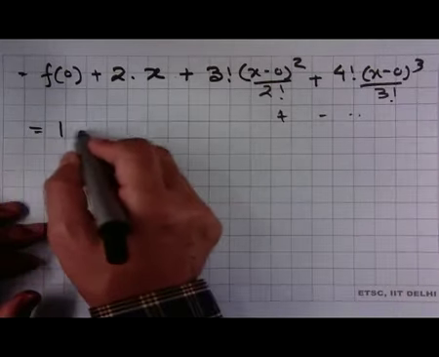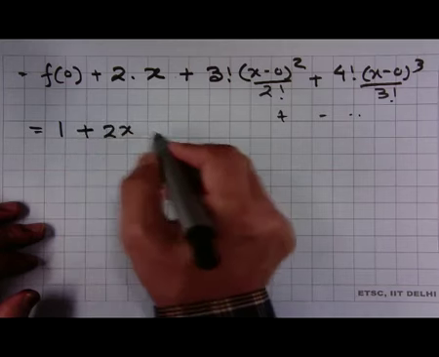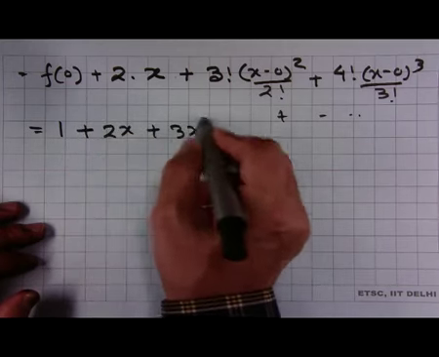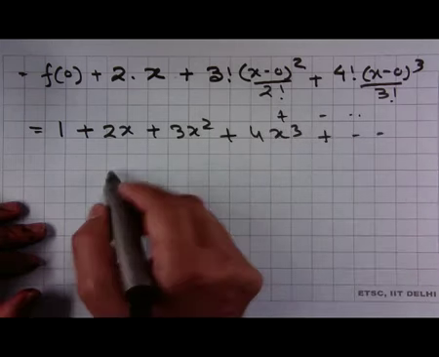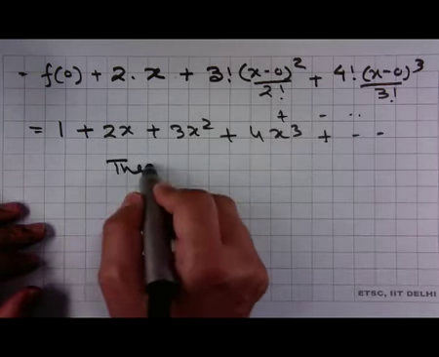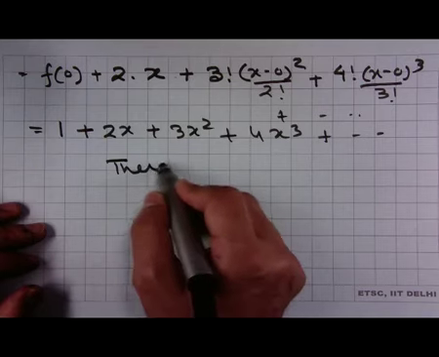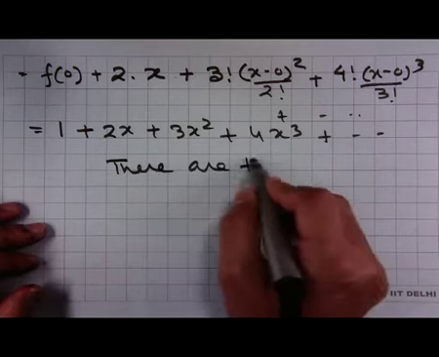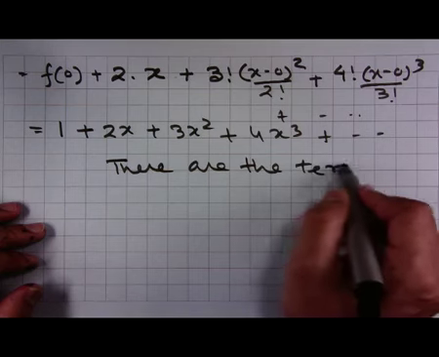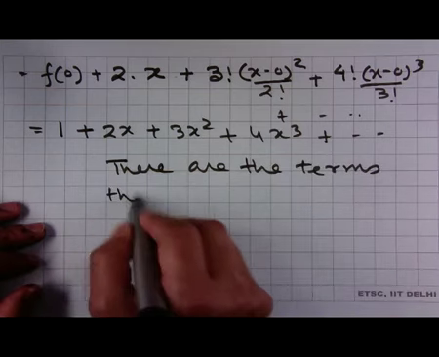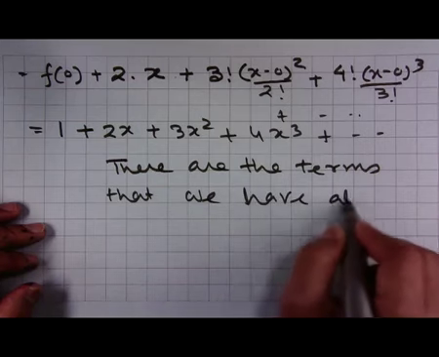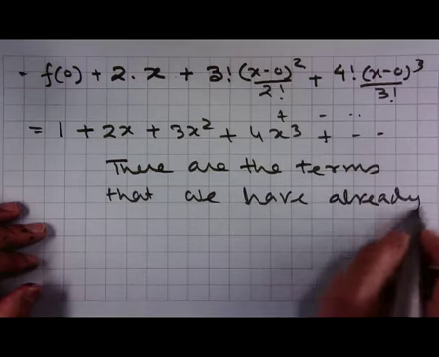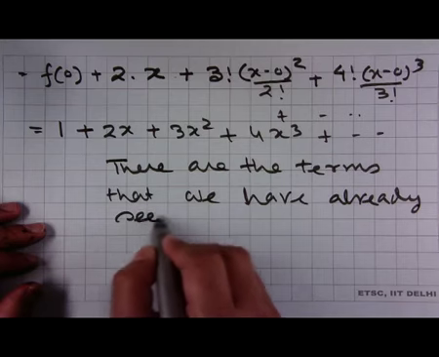is equal to 1 plus 2x plus 3x square plus 4x cube plus, and these are the terms that we have already seen, right.